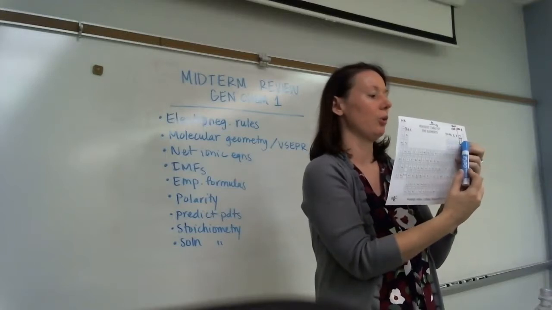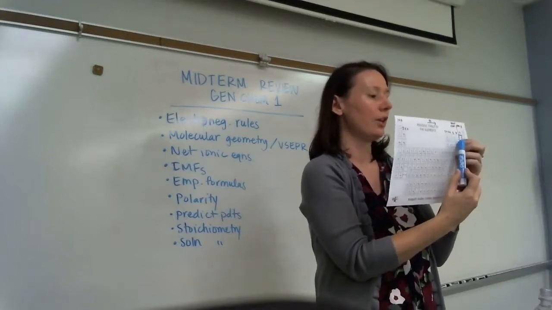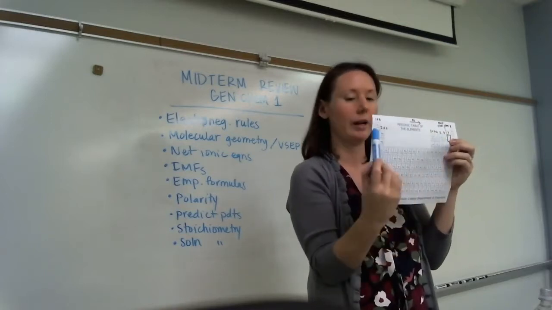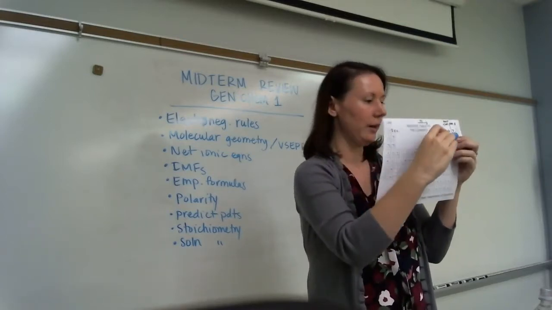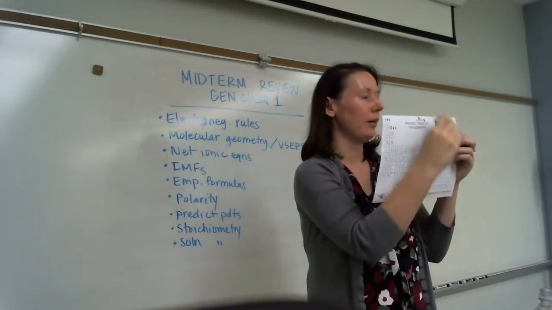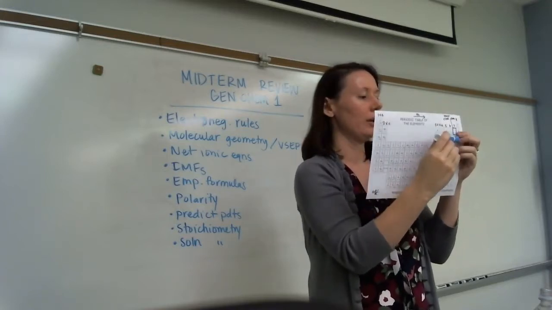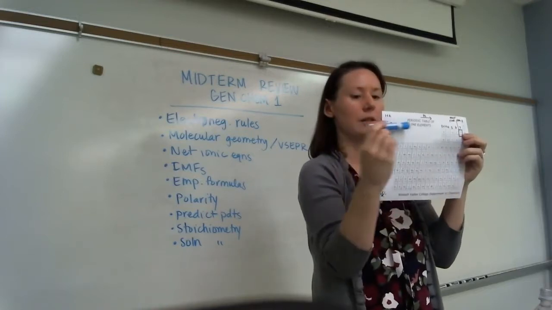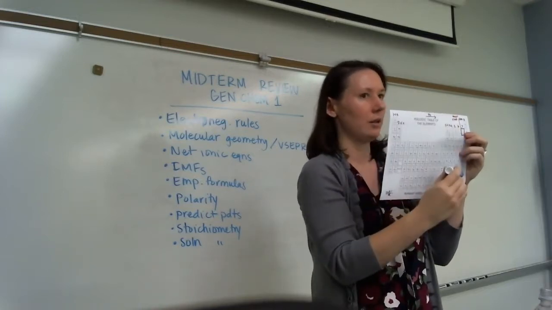So that means fluorine's more electronegative than oxygen, oxygen's more electronegative than nitrogen, nitrogen's more than carbon, carbon's more than boron, etc. It increases going across a period, it decreases going down a group. So fluorine's more than chlorine, chlorine's more than bromine, bromine's more than iodine, etc. So it increases going this way, it decreases going this way.